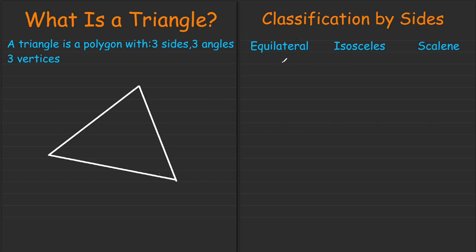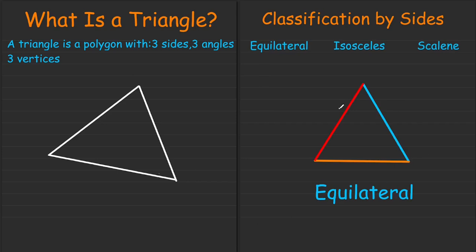Let's start with the equilateral triangle, and as we explain, you take note and know the difference. The equilateral triangle is what you are seeing on your screen. What are the features or characteristics of an equilateral triangle?